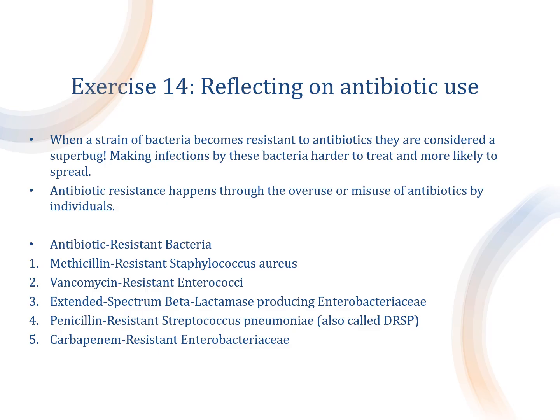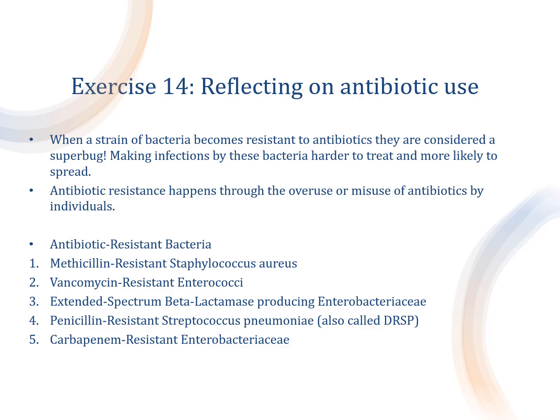Those are the antibiotic resistant bacteria listed here. So methicillin resistant Staphylococcus aureus, vancomycin resistant Enterococci, extended spectrum beta lactamase producing Enterobacteriaceae, penicillin resistant Streptococcus pneumoniae, and carbapenem resistant Enterobacteriaceae.